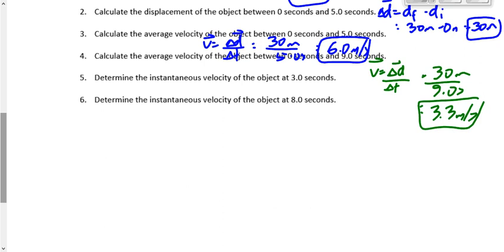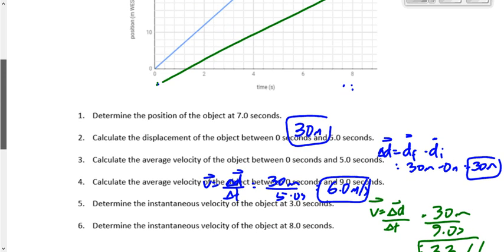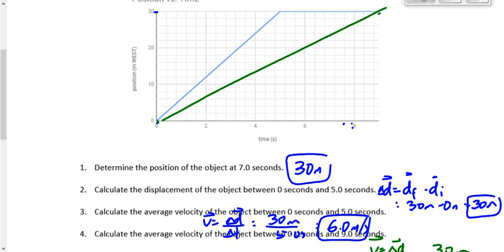What's the instantaneous velocity at 3 seconds? At 3 seconds. Please do not do this. Say, oh, the position is this, the time is this, divide those two. Don't do that. It's delta, right? You can't just take 1 point and divide those two.